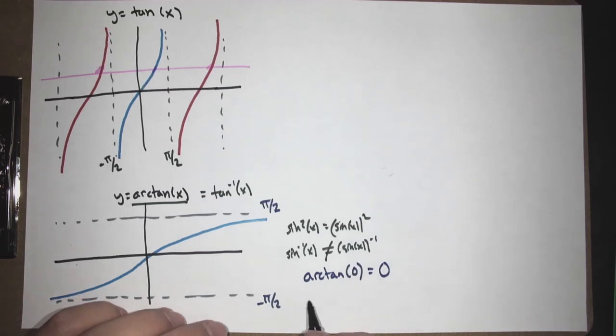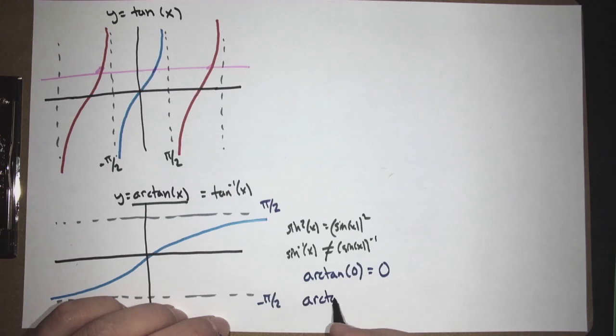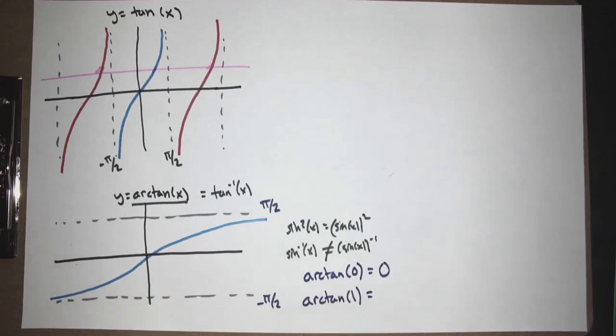What about arctangent of 1? Does that have a nice answer? Again, flip the question. If I'm thinking about inverse tangent, which is arctangent, and say, okay, well, tangent of what angle is 1? Do we know an angle that gives tangent of that angle being 1?